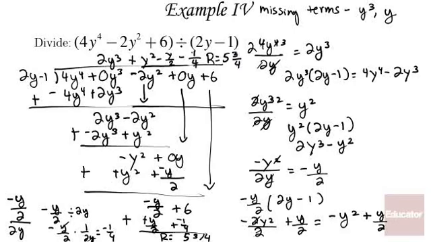So this is a very long, complex problem. We first had some missing terms we had to account for, and then we had division that involved a dividend with 5 terms. Each time you simply divide the term by 2y, write your answer up here, multiply what you get times 2y minus 1, and subtract. This is what's left. Bring down the next term.